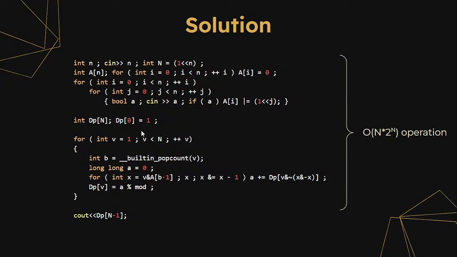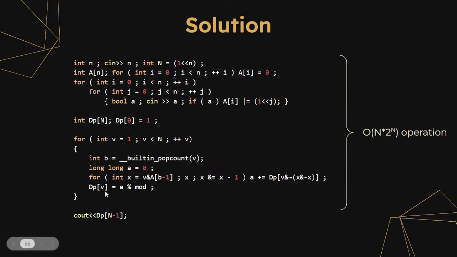So this DP represents the number of ways we can make a pair. What I'm going to do is simply iterate over all the subsets, because N is 2 to the power of n. All the subsets will be iterated in this way, and then I will check how many ones are set in it, because with this I can tell with which man this subset of women will be paired.